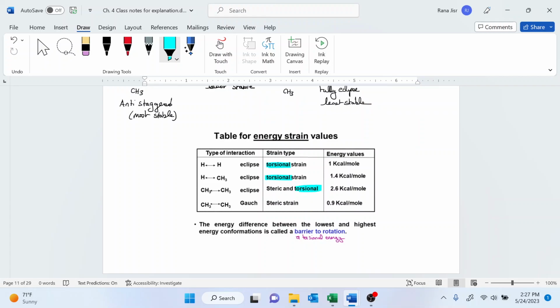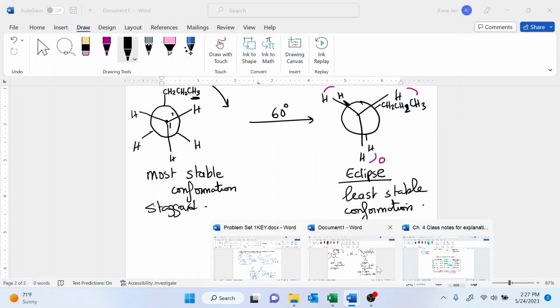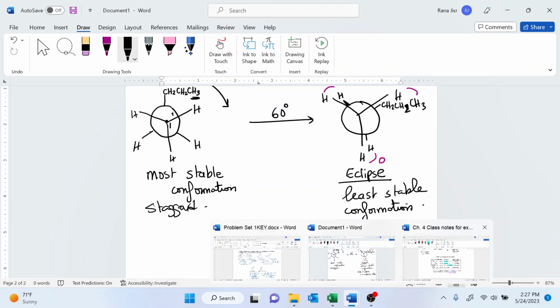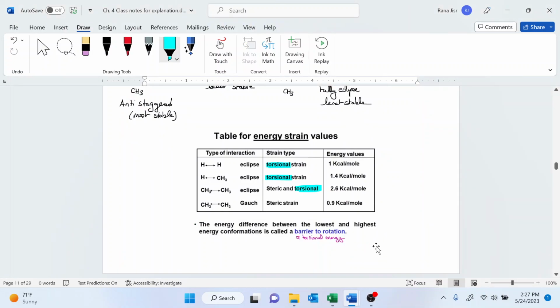Strain means energy. So here you have torsional strain, which is torsional energy. Whenever you have two hydrogens eclipsing each other, that is one value. If you have a hydrogen and an R group, regardless of whether it's a CH3 or a bigger group than the CH3, we're just going to assume it's a CH3. So here in this example, it's a propyl group. It's not a CH3, but we're just going to assume it is, unless I give you another value for the propyl in particular.